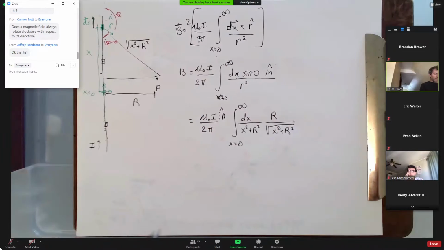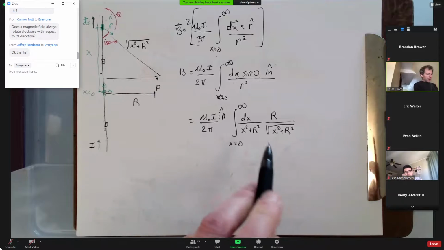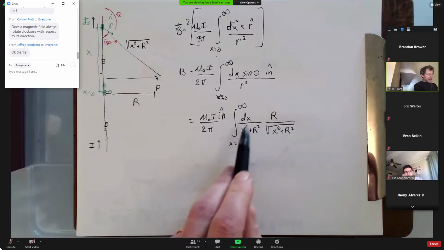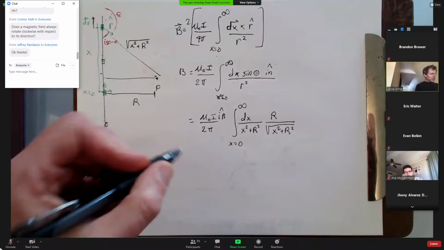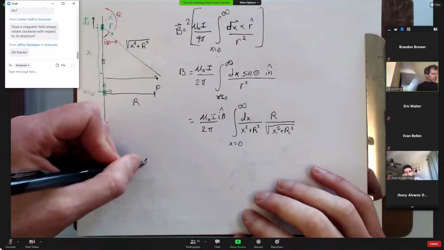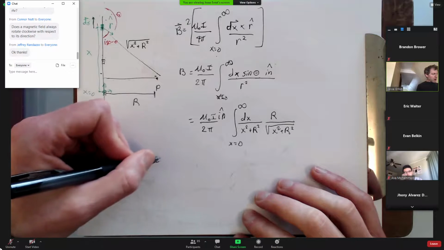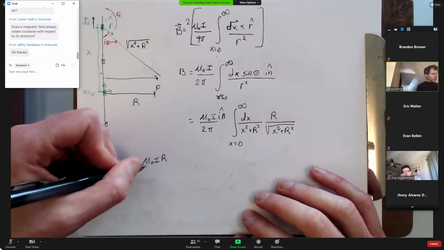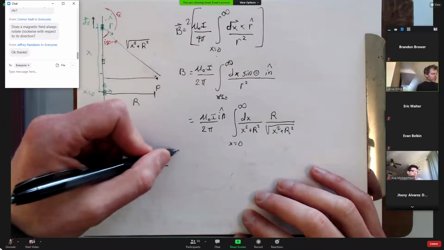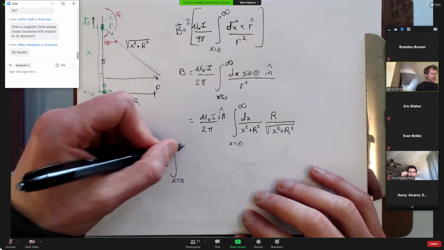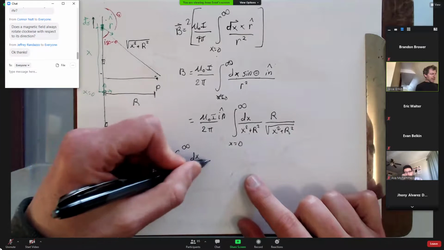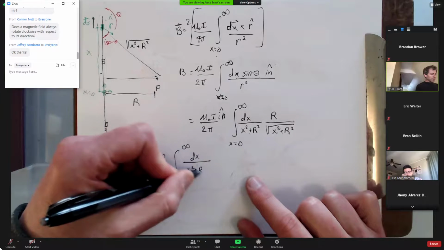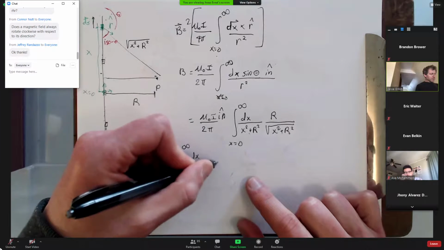Now, capital R is a constant, so that can come out. So this is going to be mu naught I R over 2 pi integral from x equals 0 to infinity. And then I'm just going to combine those and write this as x squared plus r squared to the 3/2.